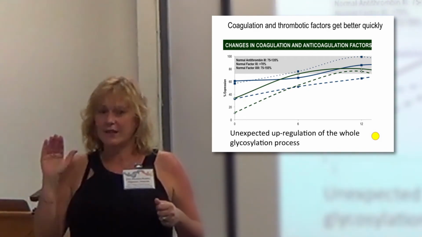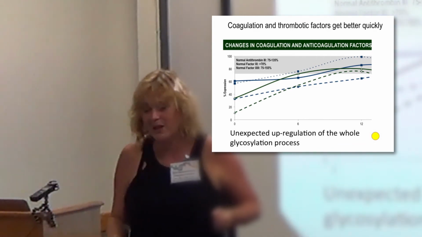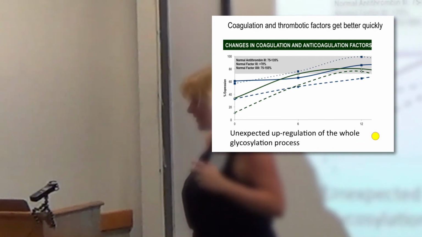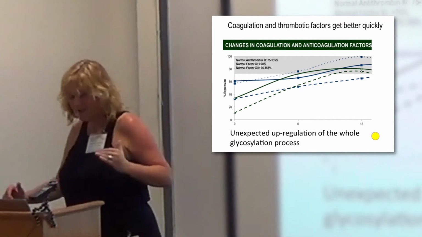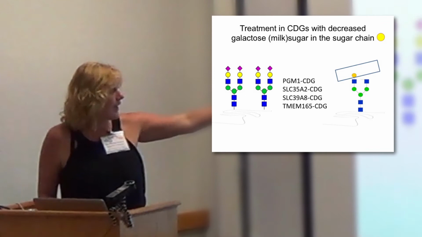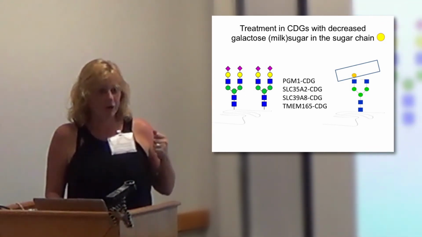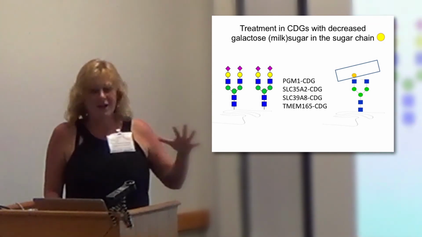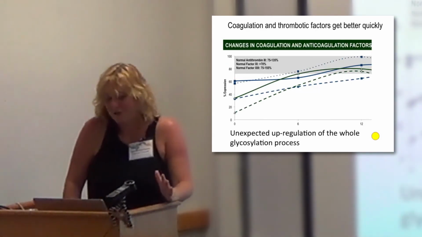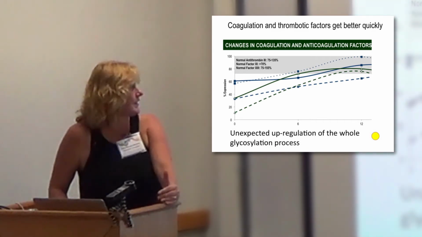Still, it seems like it can push the glycosylation towards a better outcome. So that's research. That's not routine therapy. For actual routine therapy, we have these disorders which already have shown that they get much better on galactose, and there is research going on about possible use of galactose in other types of CDGs.